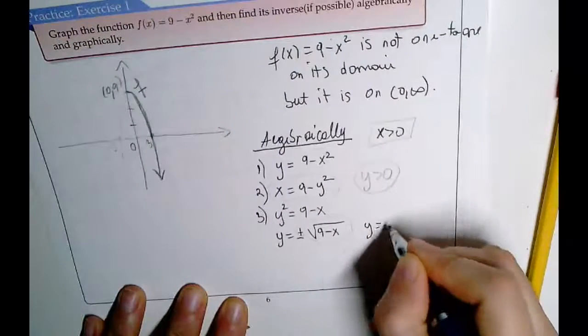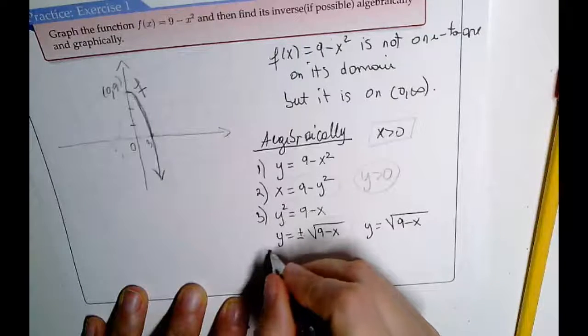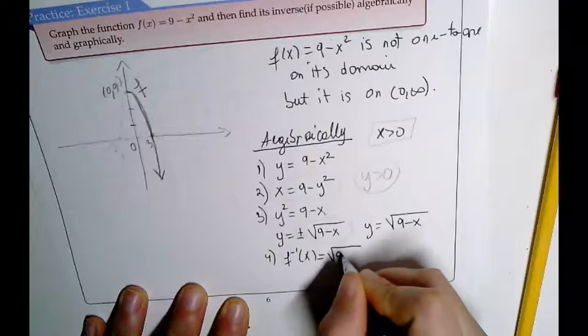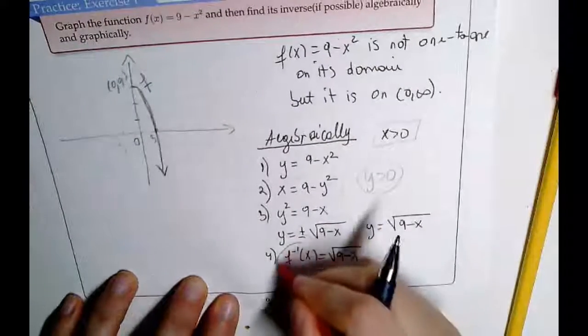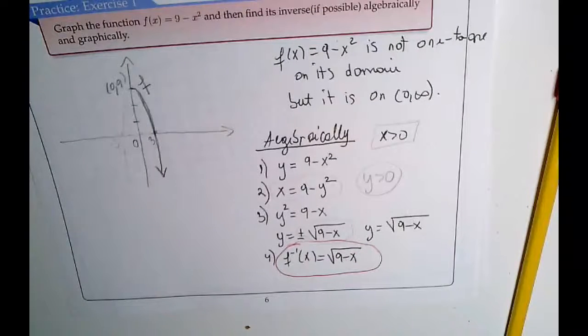So y equals square root of 9 minus x, and this is our inverse. Step 4, this is the expression of the inverse: square root of 9 minus x. Okay, so we found the inverse algebraically. Now let's do it graphically.